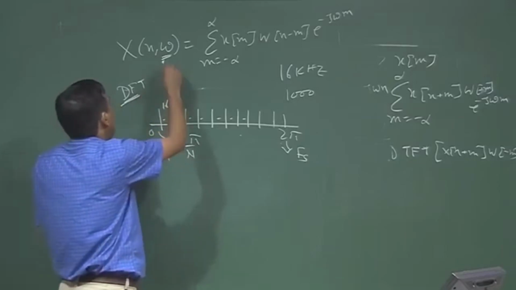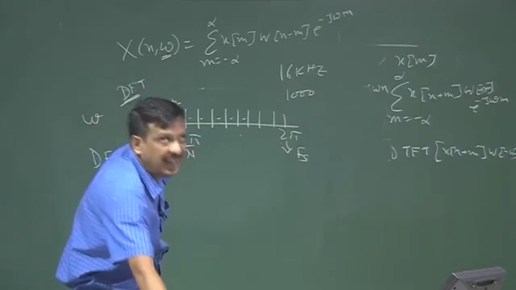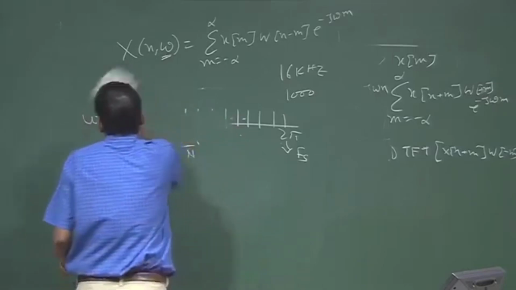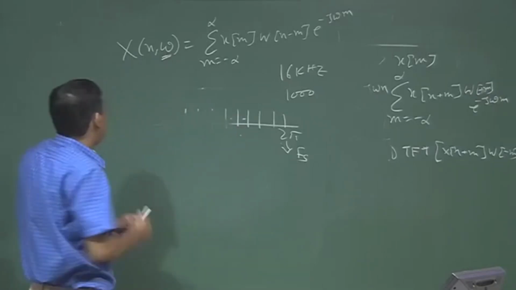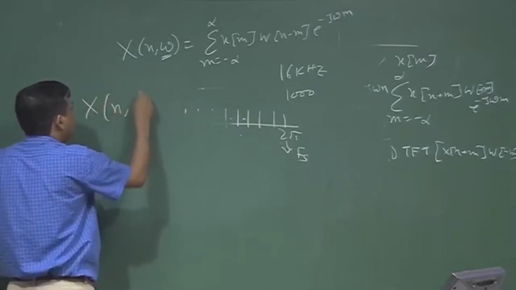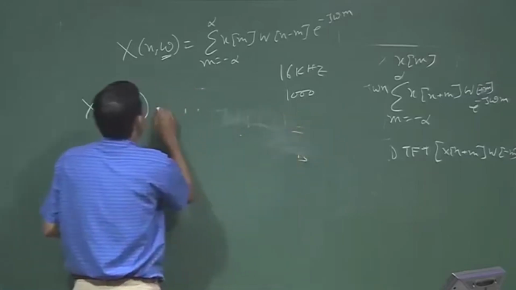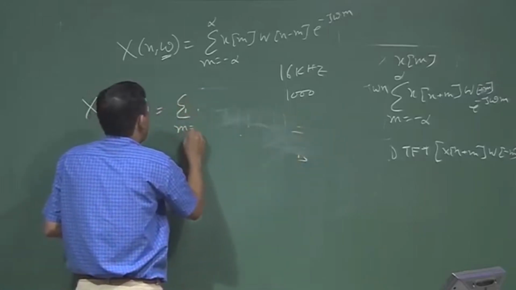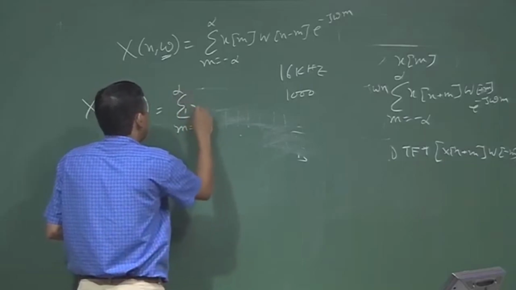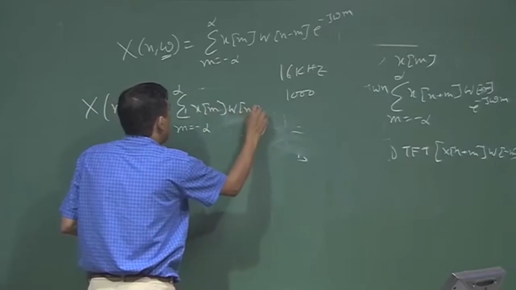So, I can divide this omega in terms of a discrete frequency, which is called k. So, instead of omega I can write X(n, k), where m goes from minus infinity to infinity, x of m will be the same, w of n minus m will be the same.